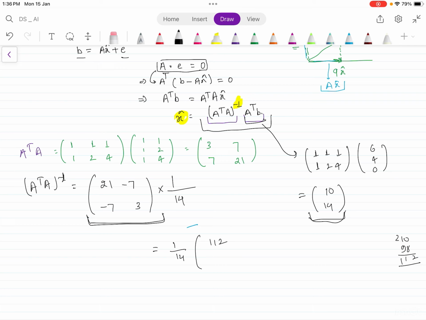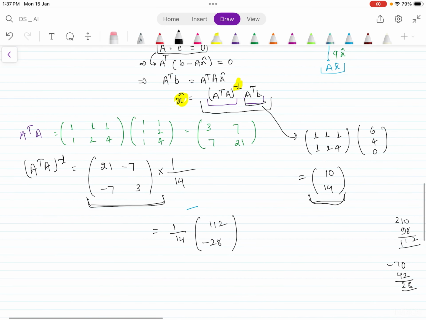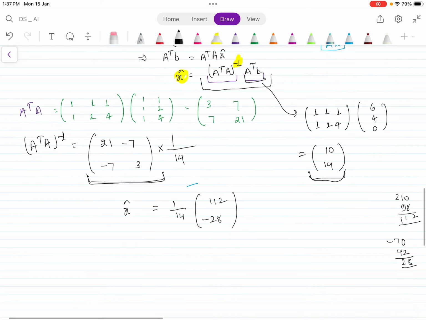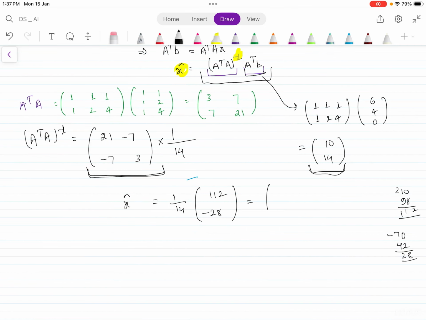And here we will have minus 70 plus 42, that is minus 28. So finally we have got this. This is your x hat. So from here we will have this will be 8 and this will be minus 2.